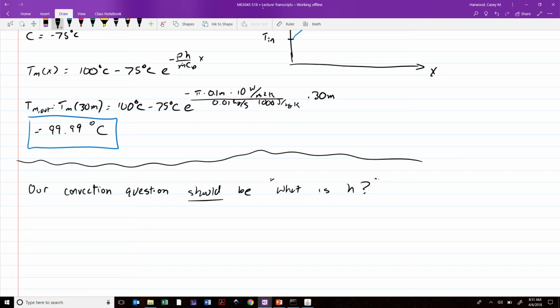You can do the same thing for laminar flow through a circular pipe. And what you would end up with is, as an example, the Nusselt number based on diameter.